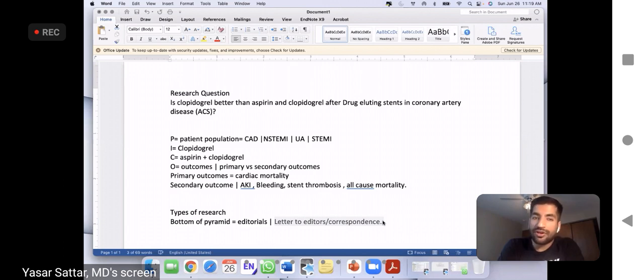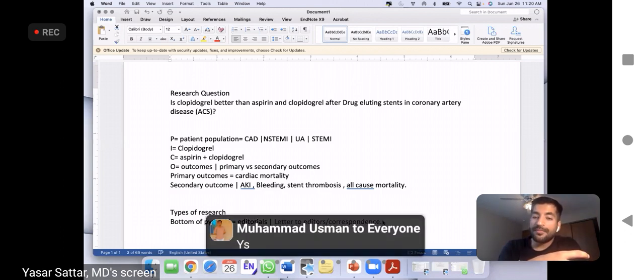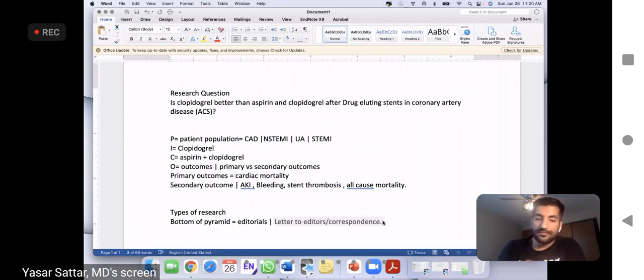And it's not actually the clopidogrel improving mortality, or the other group having a worse mortality, something like that. So if someone is asking a question on the paper which I already published, I have to respond to that in the letter to the editor. Okay, so it's just like the communication after you publish something. All right.